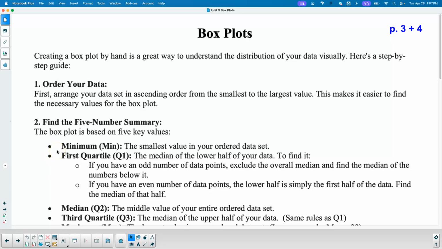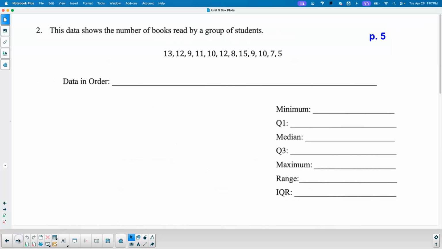So this is in your note packet on pages 3 and 4. Okay. All right. Probably even extend into page 5 here a little bit too. But so this is what it's all about for a box plot. Now, if you turn to page 5, I'm going to scroll all the way down here now.